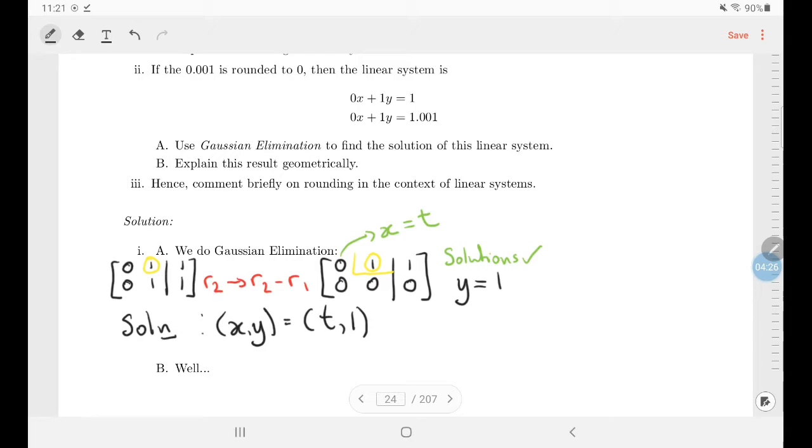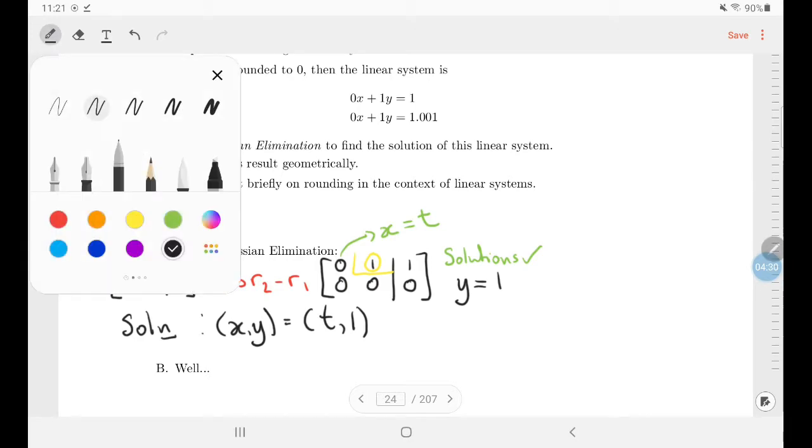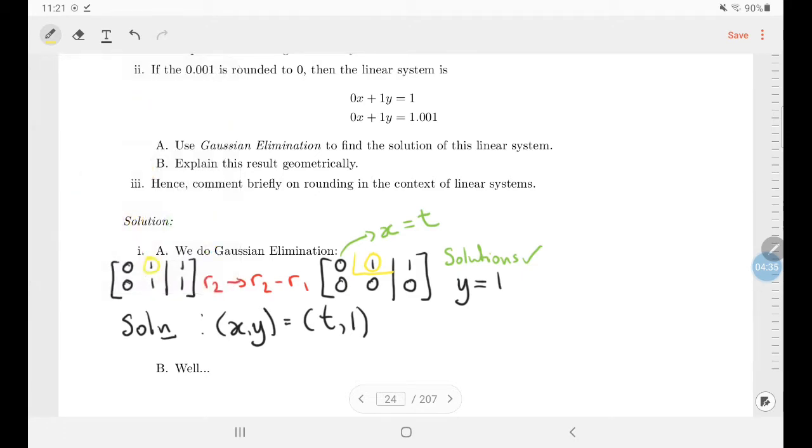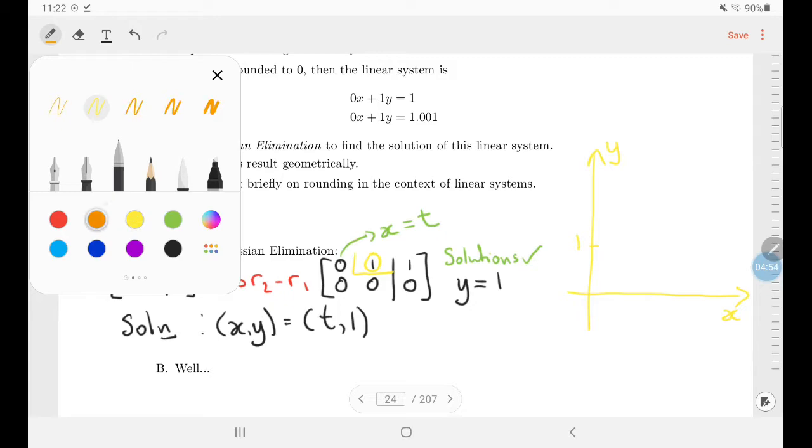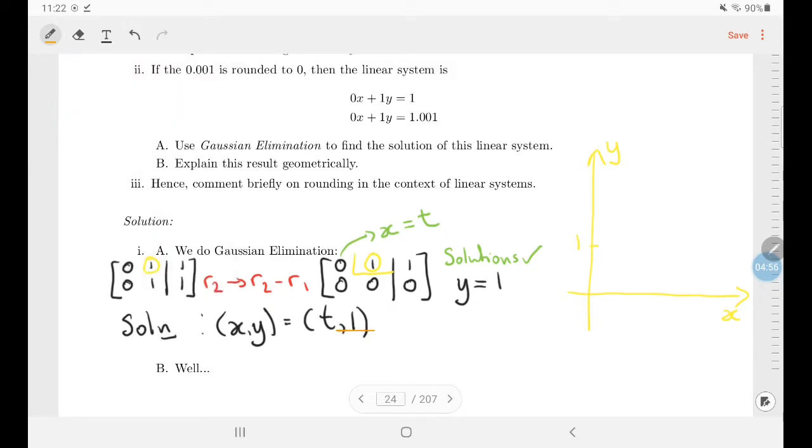Let us actually explain this in terms of the solution. So we'll just plot the solution. So we have a y-axis, x-axis, and here's y equal to 1, and for any value of t, so for any point on the x, so, okay, let me slow down there.